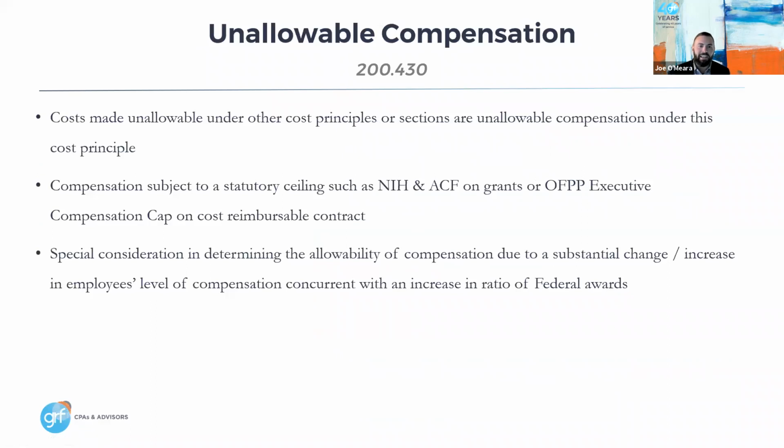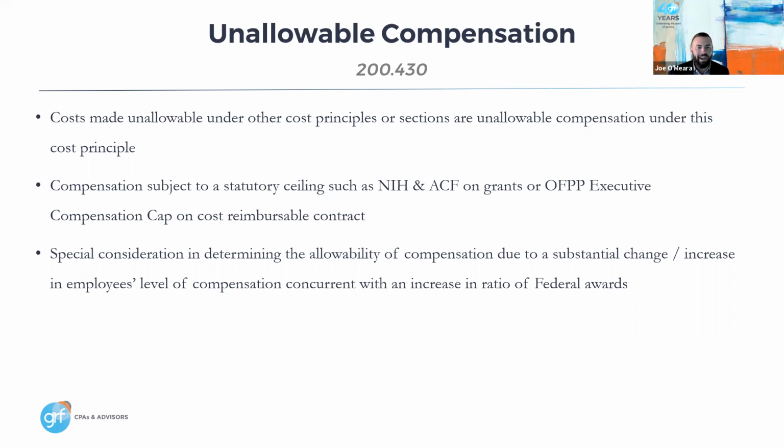So within the cost principle, it talks a little bit about what is, in general, allowable compensation, but there are situations in which it is not allowable, or unallowable. The first and foremost is, if a cost is unallowable under another cost principle, you can't all of a sudden flip it and say, oh, this is part of compensation for the employee, so therefore we're going to make it an allowable cost.